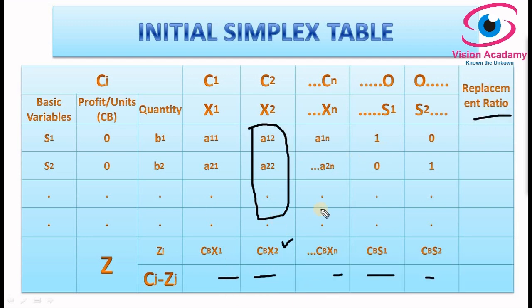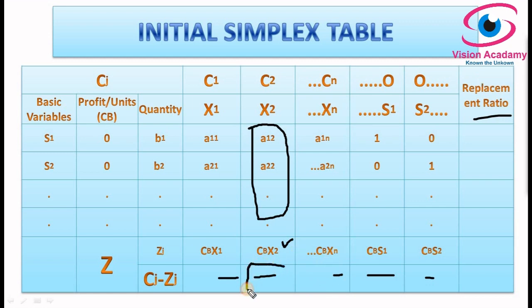Okay, you will go for one more iteration by finding the replacement ratio. If you want to find the replacement ratio, you want to find this value. So one thing is clear, Cj minus Zj must be lesser than or equal to 0. Okay, then you have arrived at the optimal solution. If Cj minus Zj are positive, select the most positive value.